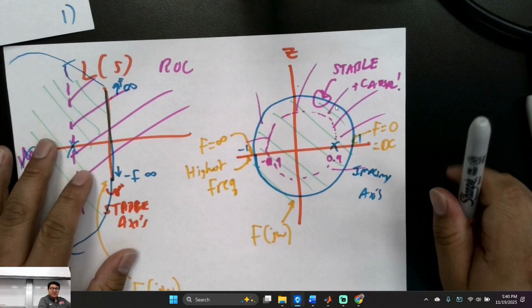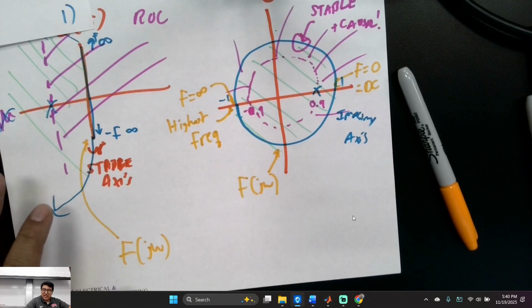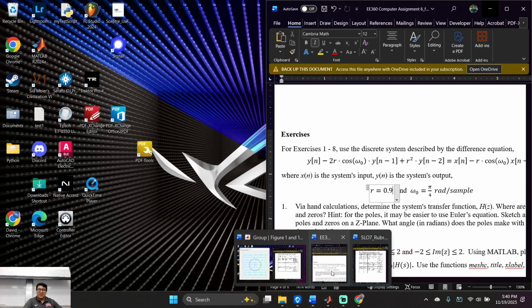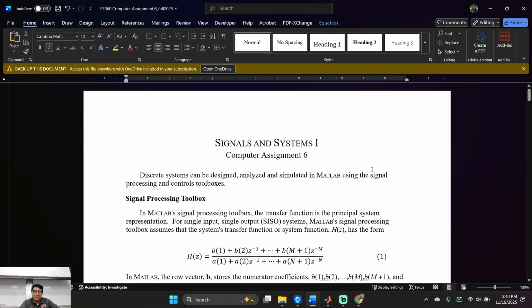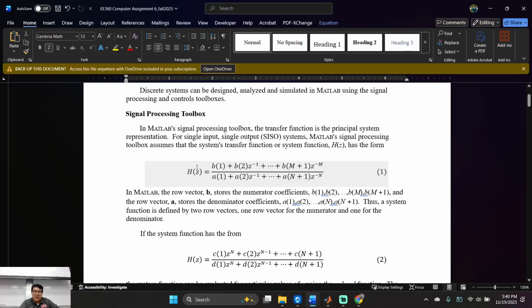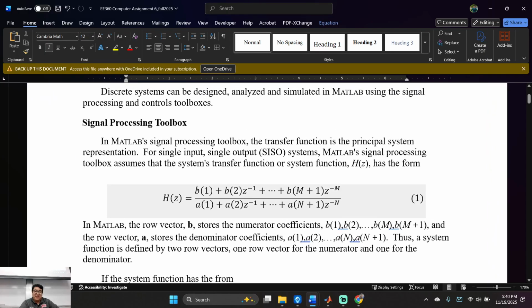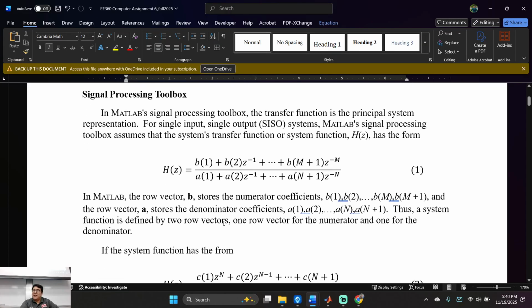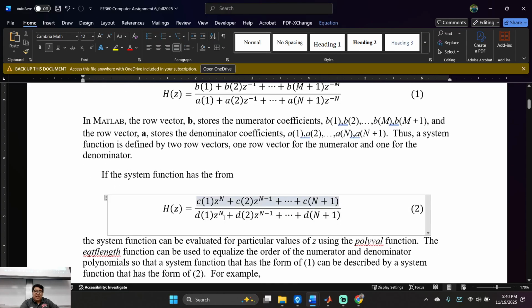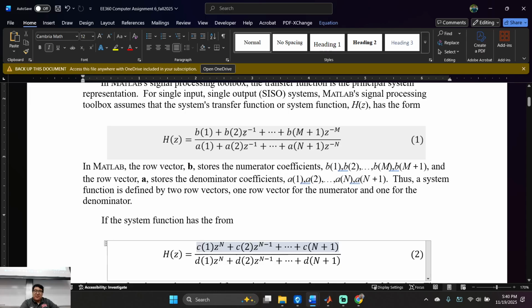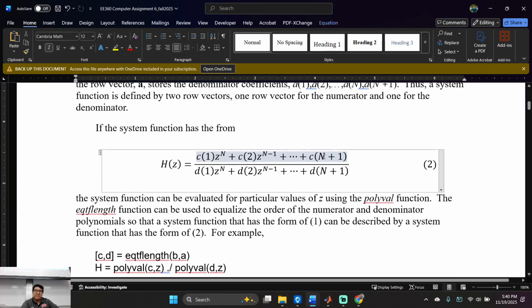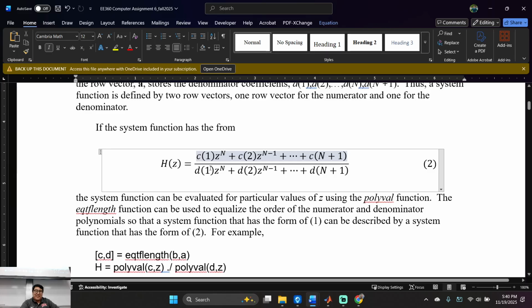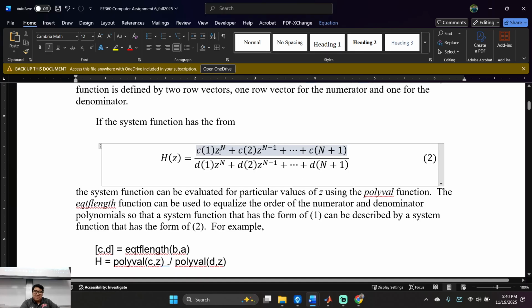Anyways, let's look at your homework or your assignment, and I think this is where I want to understand what we're going to try and do with your accreditation. So let's see, signal processing toolbox, same thing. You got your b's, you got your alphas, correct? And then it's saying you have negative z poles, z to the negative m and z to the negative n, right? You can rewrite this as positive poles.